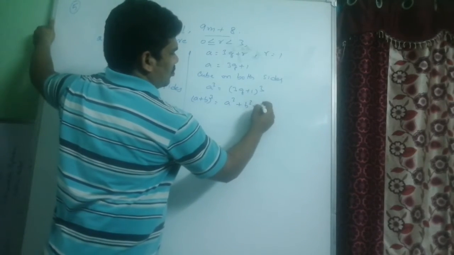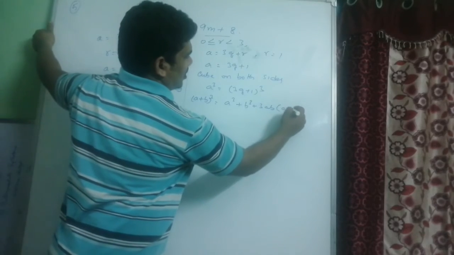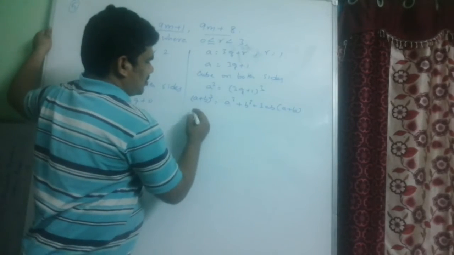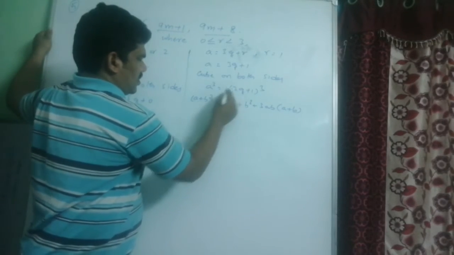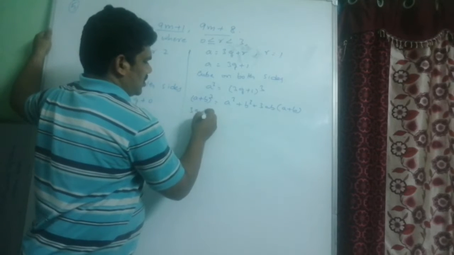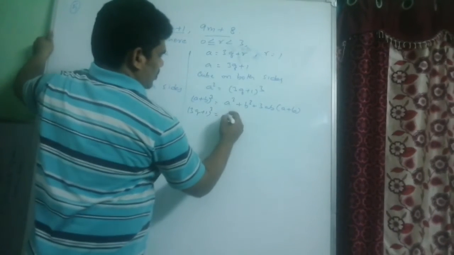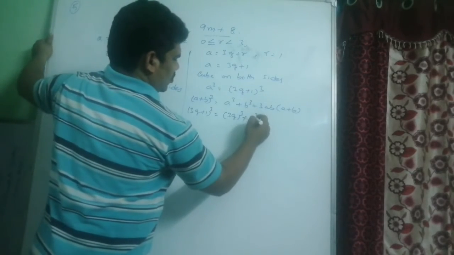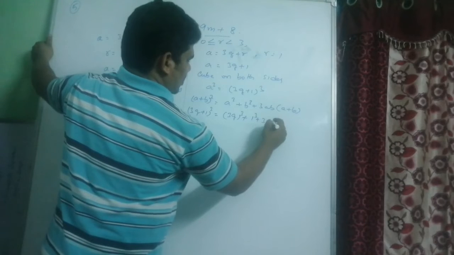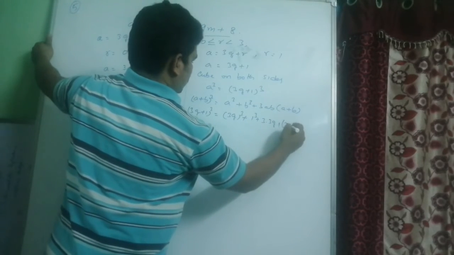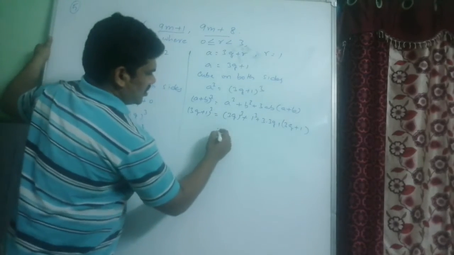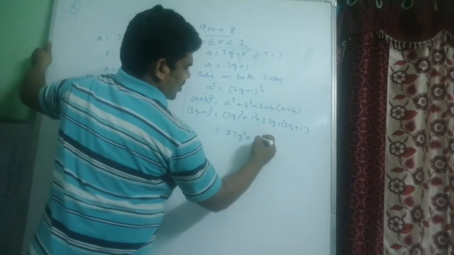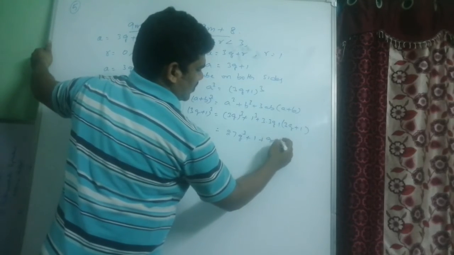A cube plus b cube plus 3ab into a plus b. So here 3q whole cube and 1 cube, 3 into 3q square into 1, 3 into 3q into 1 square, 27 q cube and 1 cube, 3 3 is 9.